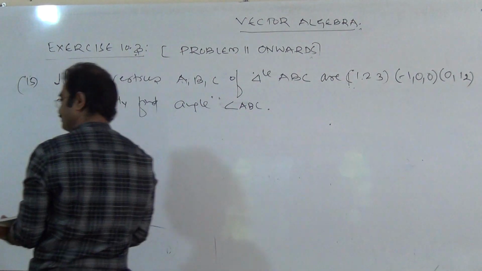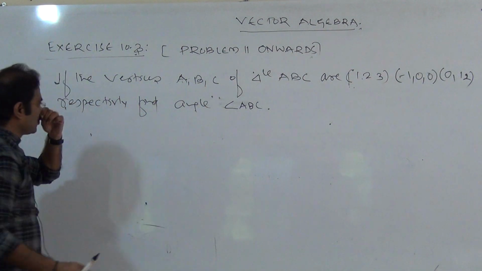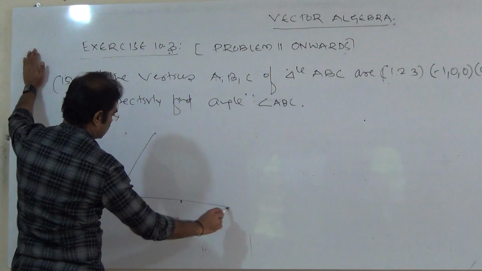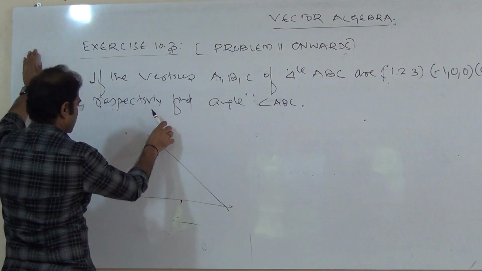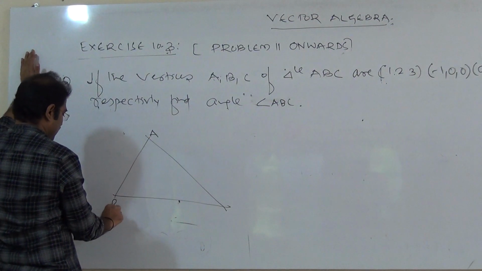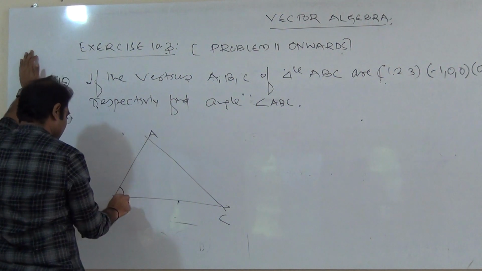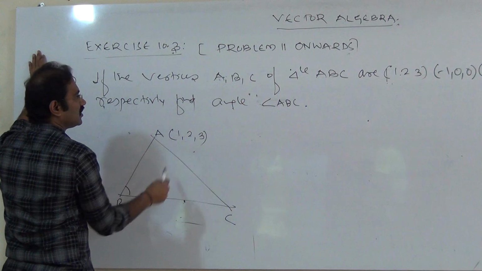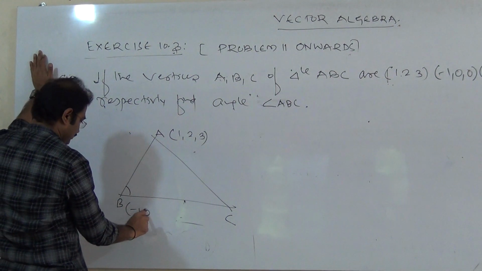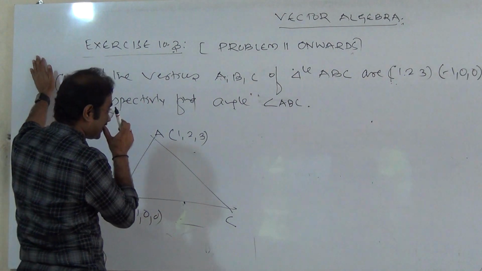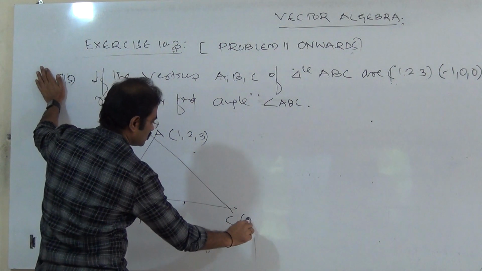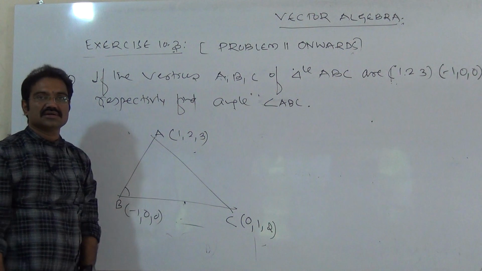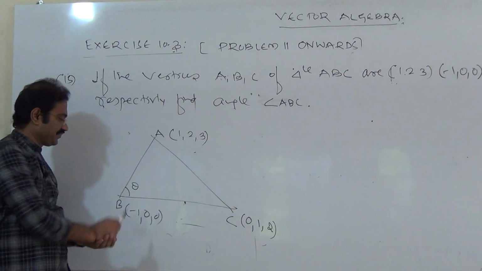Yes. Now I have to draw the figure. This is the triangle ABC. We want this angle. This point is given as 1, 2, 3. This is also given. C is given. What is our C? 0, 1 and 2. Fine. What do they want? They want this angle, that is theta.